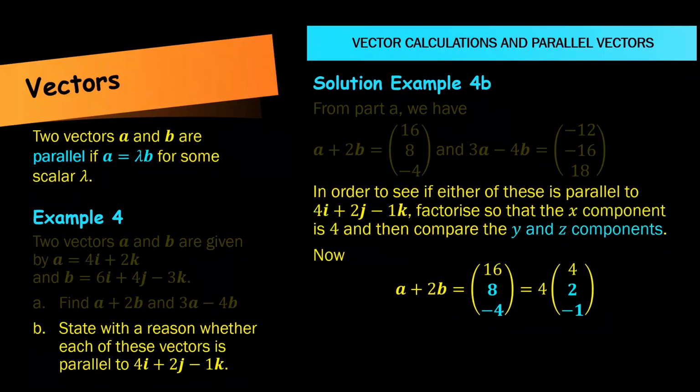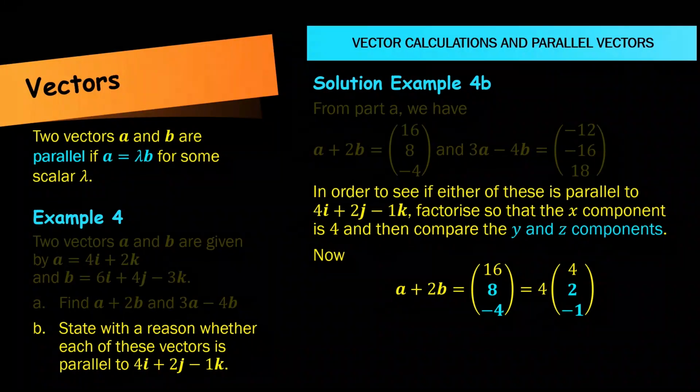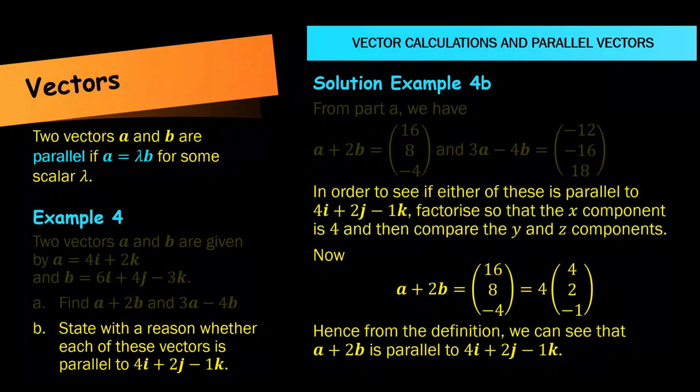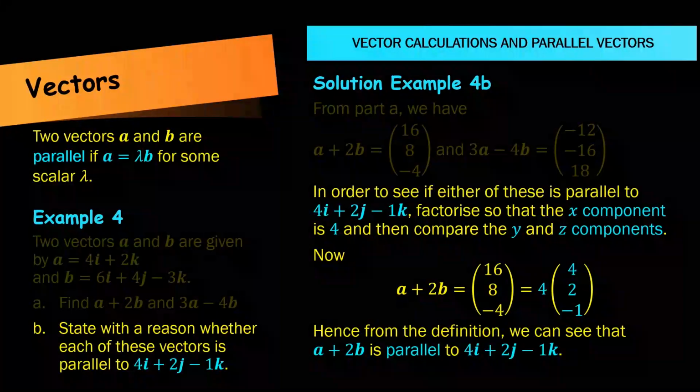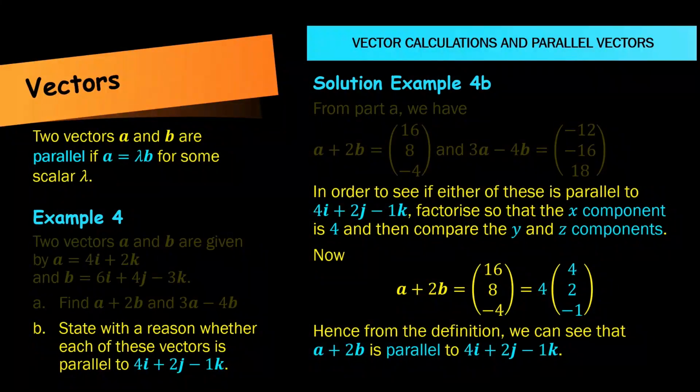Now let's compare the y and z components. We can see that a + 2b is a multiple of 4i + 2j - 1k, and therefore a + 2b is parallel to this vector.